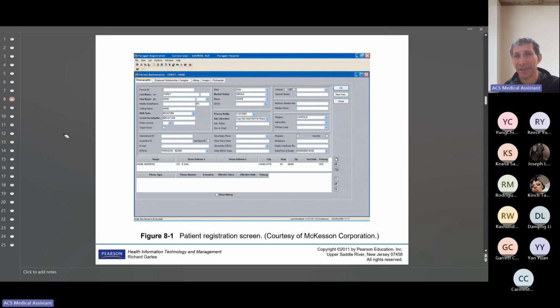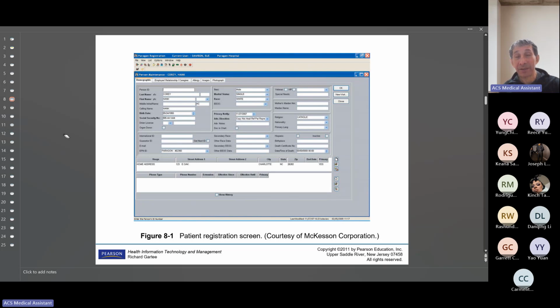Or we just don't say the patient registration form, we say the demographics. So if your doctor asks you, can you please, Alberto, print me out the demographics from the patient? This is exactly what you're supposed to be printing out.